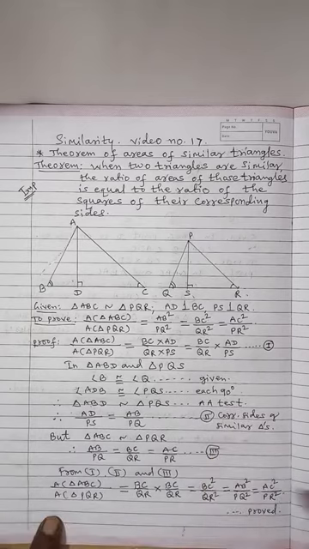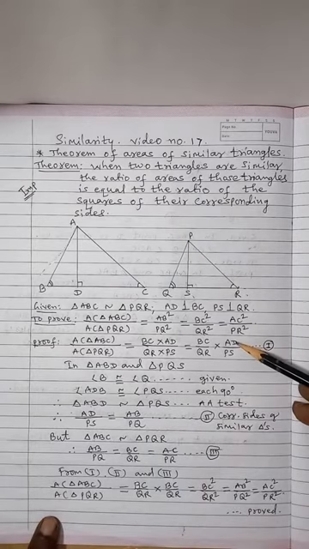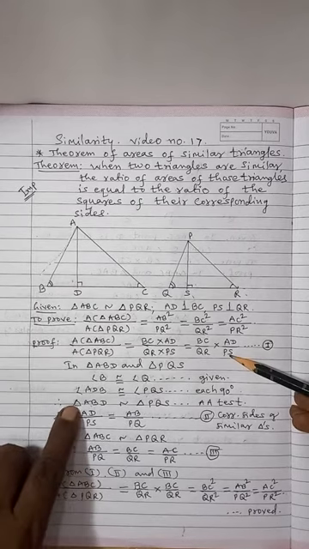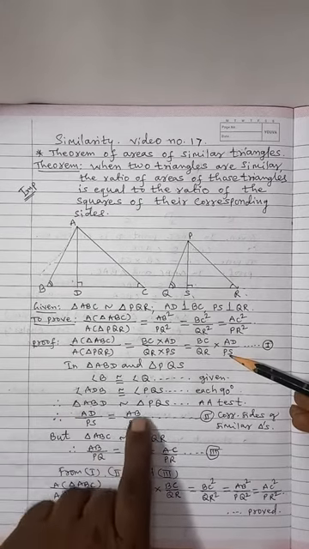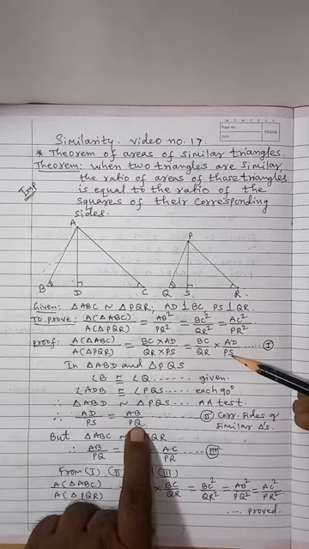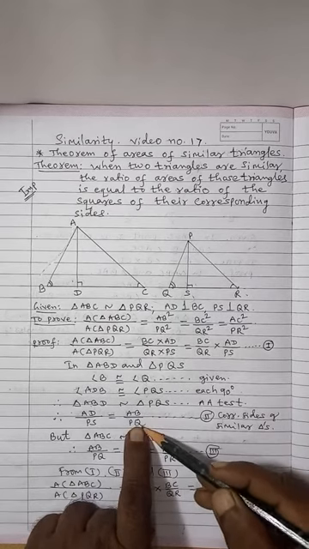Now pay attention. In result number 1, here it is AD upon PS, right? And AD upon PS is equal to AB upon PQ. So for this AD upon PS, we can substitute AB upon PQ.